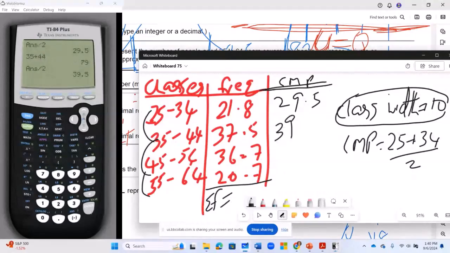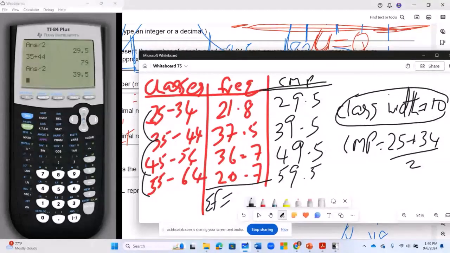Note that the distance between consecutive class midpoints is also the class width. Therefore, I can continue by writing 39.5 plus 10 is 49.5, then 59.5. So we have found all the class midpoints: 29.5, 39.5, 49.5, and 59.5.